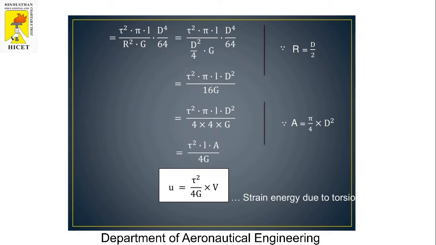By cancelling and substituting R equal to capital D by 2, we have U is equal to tau square divided by 4G into volume. This is the strain energy due to torsion.